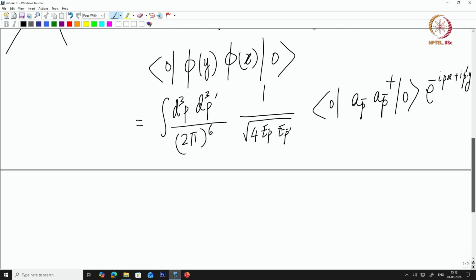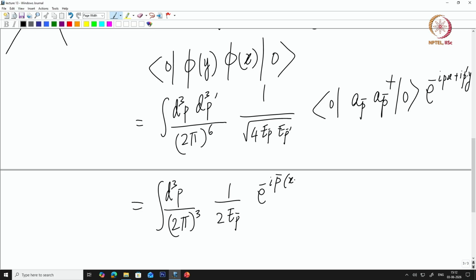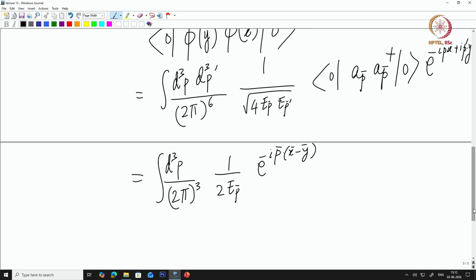Now this looks very similar, it is exactly the same function which we wrote in the previous class, in lecture number 12. So, this is given by the integral d cube p over 2 pi cube, 1 by 2 E_p, e power minus i p times x minus y, and this is nothing but your propagator.